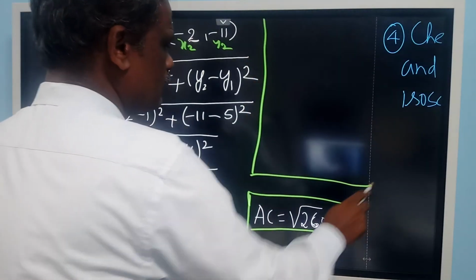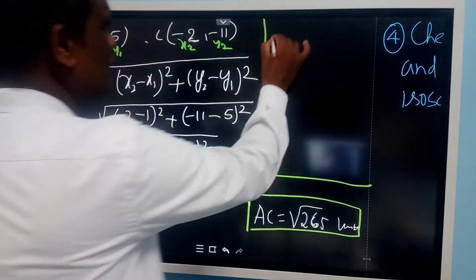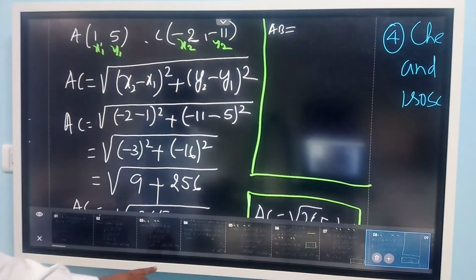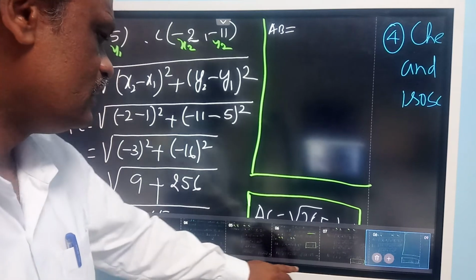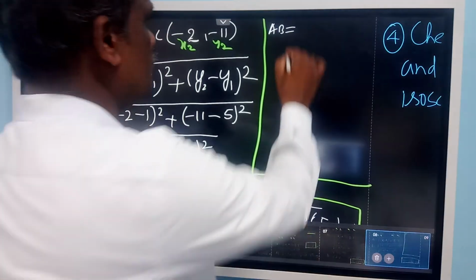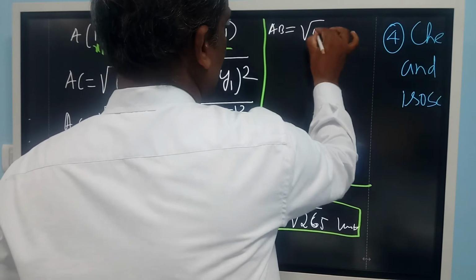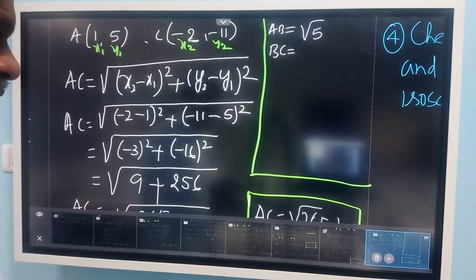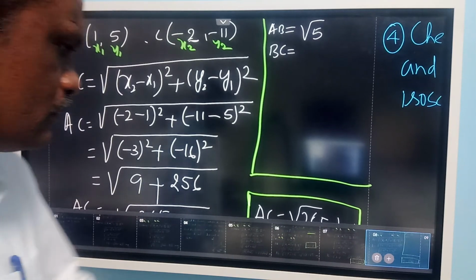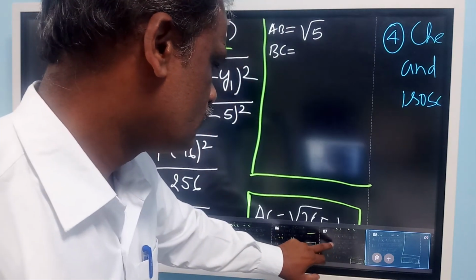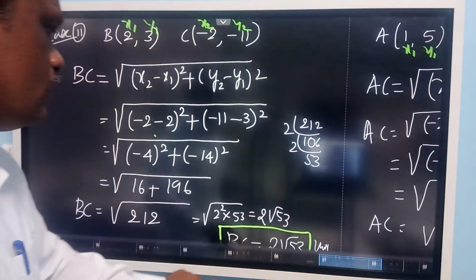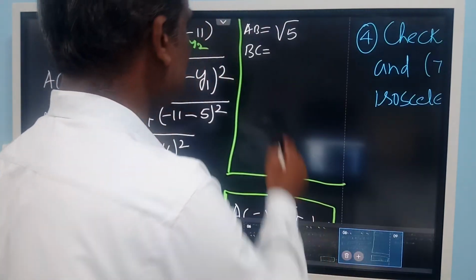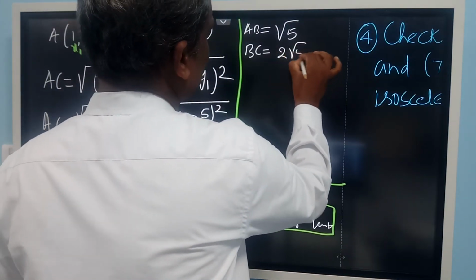AB is equal to, what is the value you got? AB is equal to root 5. BC you got as 2 root 53.